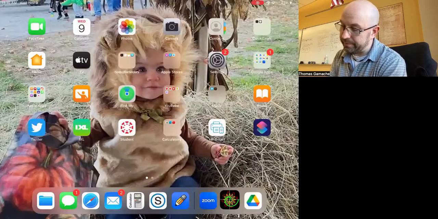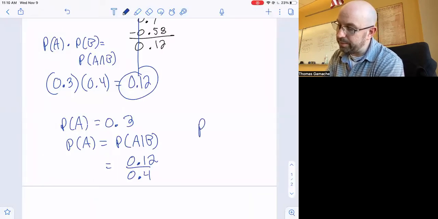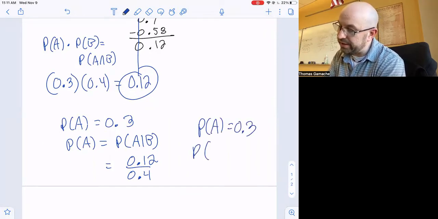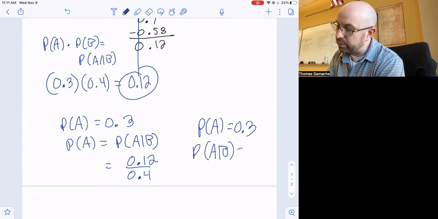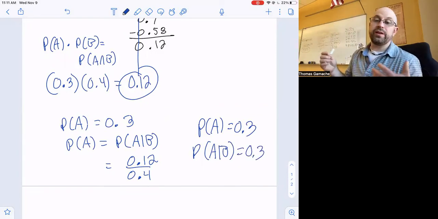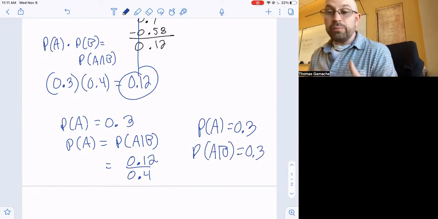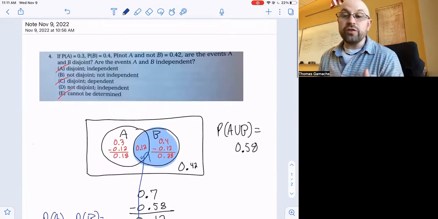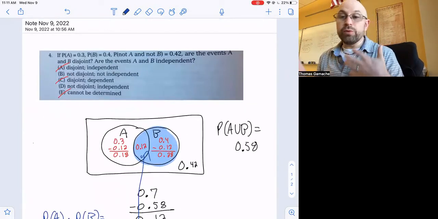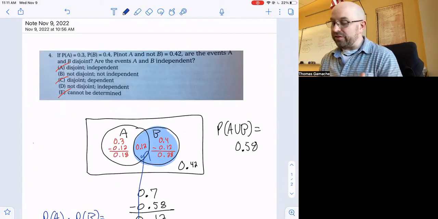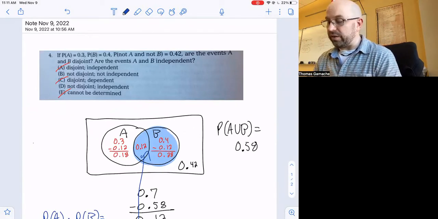That should be happening. What that's telling me is that the probability of A doesn't change. It's still 0.3 while I'm just looking at that subgroup of B. So when I'm looking within B, I'm looking how often A is happening within B. It's still 0.3. That's great. That's another way of proving independence. So I've proven independence, and I've proven that they're not disjoint. I've done that using a Venn diagram.